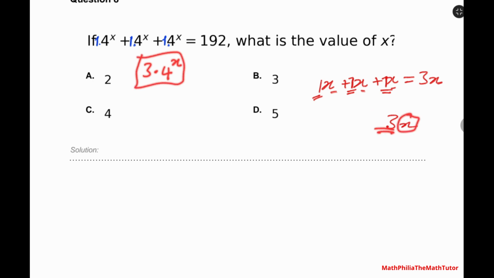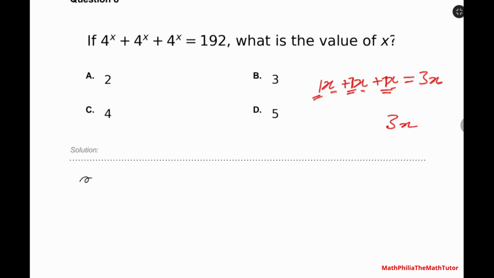It's 3, then you bring the term, just as you maintain 1x, here also you just maintain 4 raised to the power of x, okay? So it's the same. Or if you don't understand that the coefficients are just 1, you can also do it another way. Let me show you that.